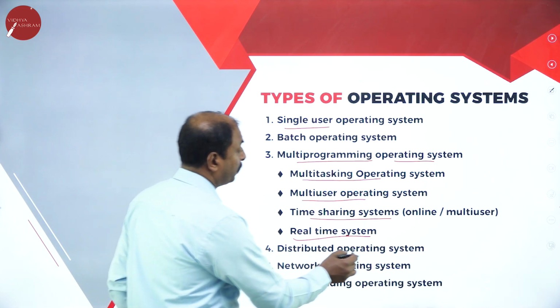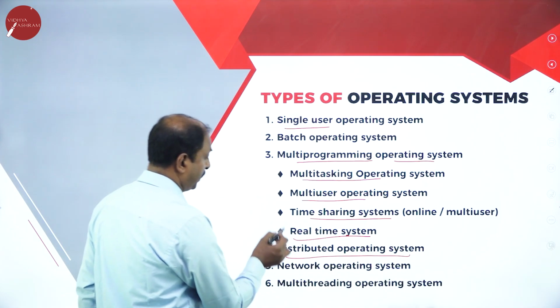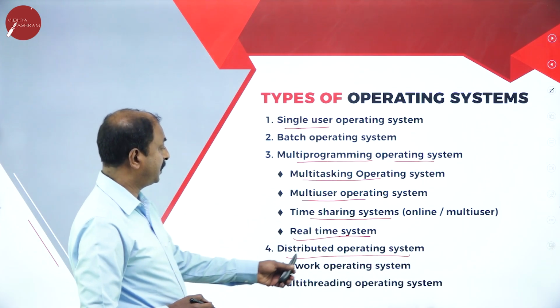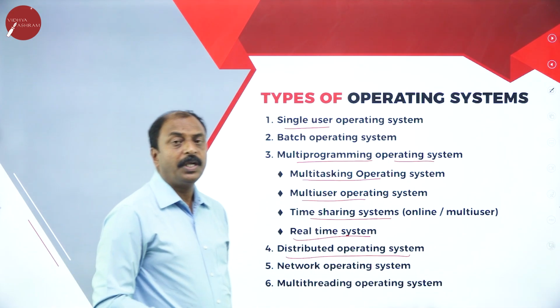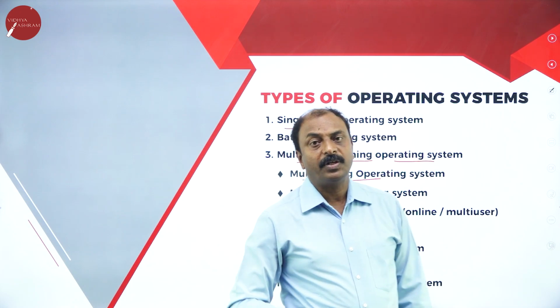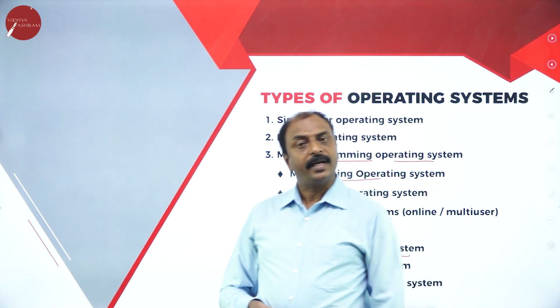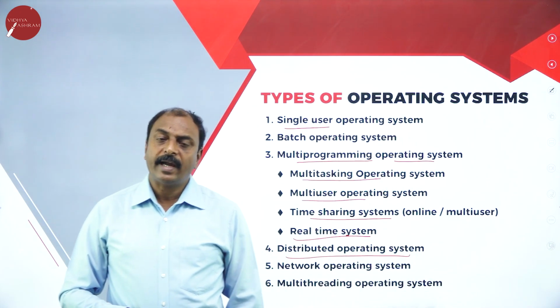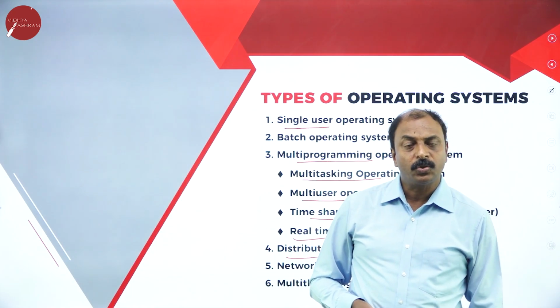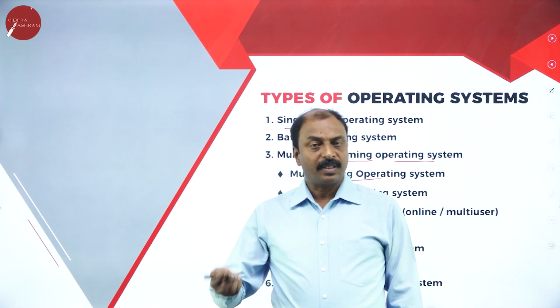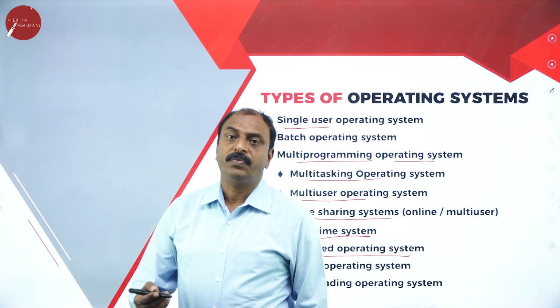Now, distributed operating system. The meaning of distributed operating system is this: if there are 10 different tasks to be completed by a computer, then instead of having all 10 programs in one computer, we are going to have more than one computer to share the 10 different programs.